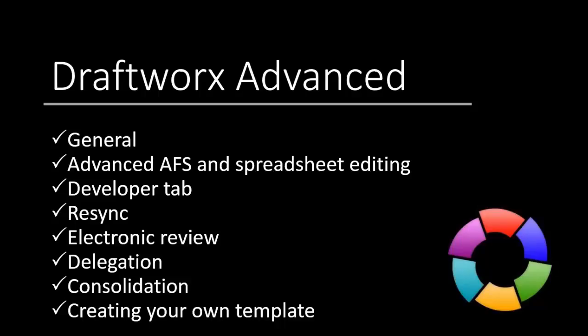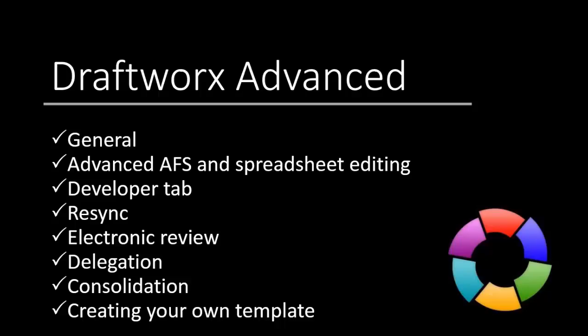So we're going to look at a few general items first up, and those are going to apply just to some of the programming things that you'll see in Draftworx. And we'll have a look at a thing called Smart Docs as well, which is quite useful.